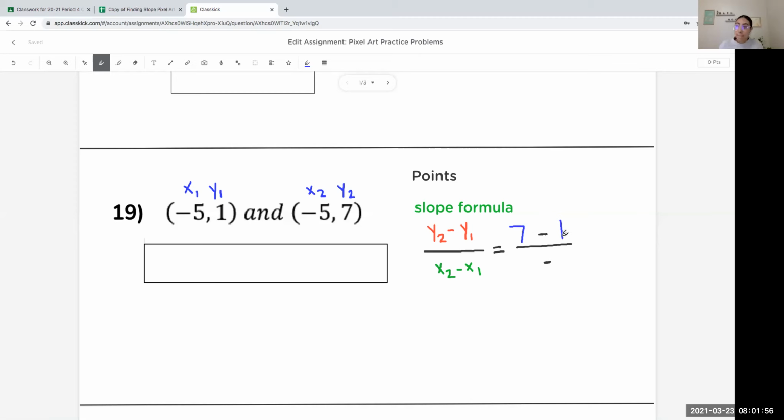Good. We move on to our x's. What is my second x? That's x2. -5. Good job. Thank you. -5. Notice that subtraction is already there because I wrote it at the very beginning. So what is my first x?